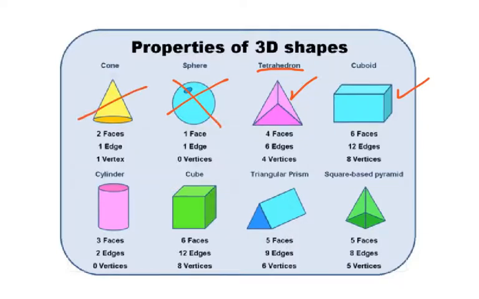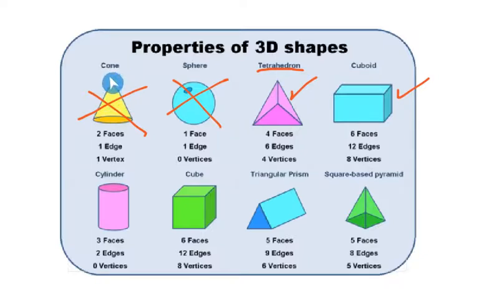A cone is not. And if you remember earlier, I said the other thing about a polyhedron was that it had to have vertices rather than a point. This is a point. Because this face on the cone is not flat, so if you imagine a traffic cone or an ice cream cone, it's not flat.